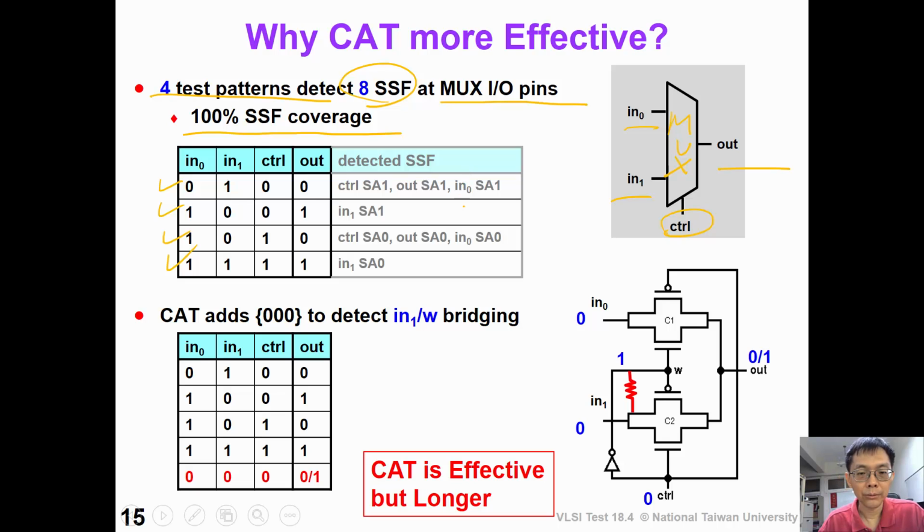However, if we look at the schematic and consider, let's say, a bridging defect between the input 1 and the control, to detect this fault we may need to add another pattern, 000, to detect this bridging defect. So cell-aware test is effective, but it's longer than traditional single stuck-at fault test.